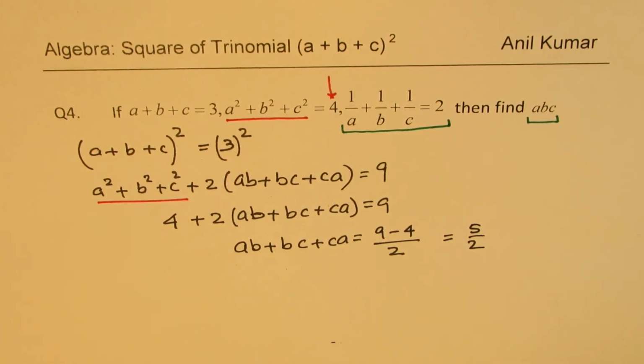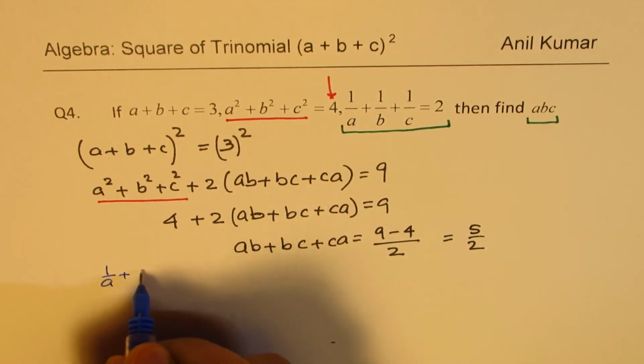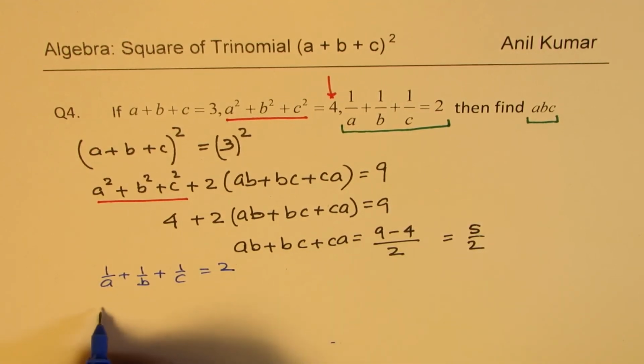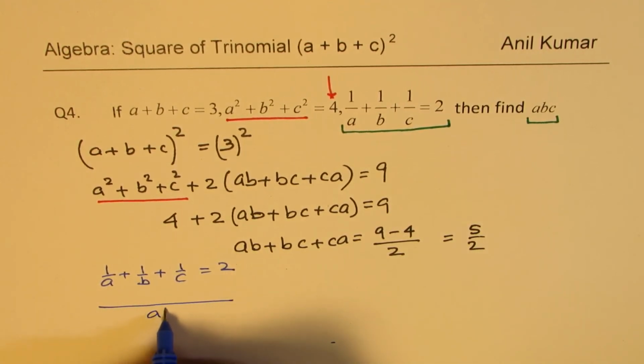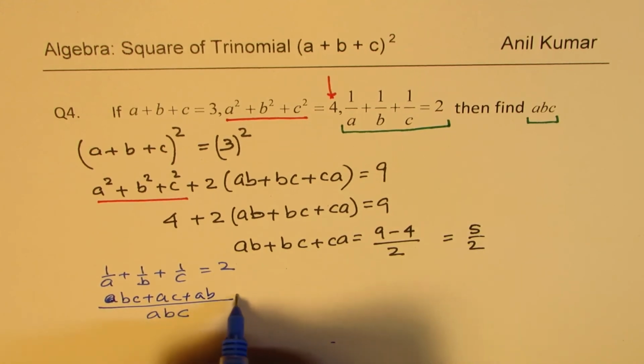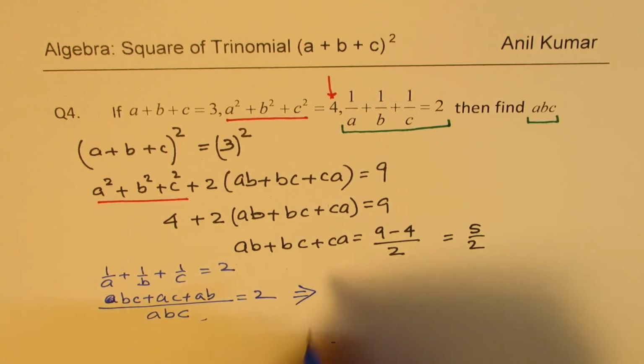Now we can work with what is given to us as reciprocal. 1 over a plus 1 over b plus 1 over c is equal to 2. Taking common denominator, we know abc is, let me write them in the order you get, bc plus ac plus ab equals 2. Now from here we can find what abc is.